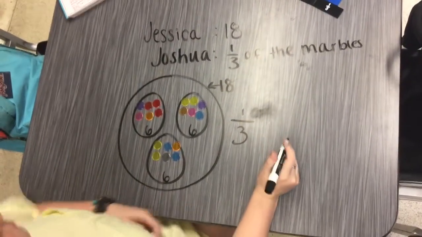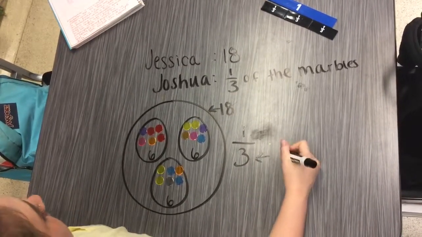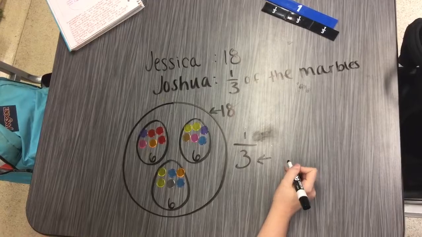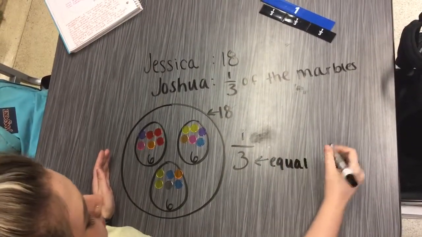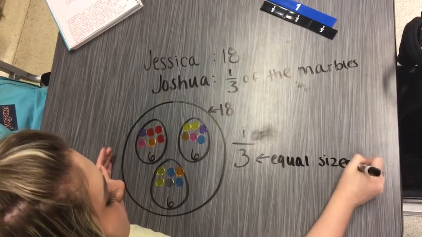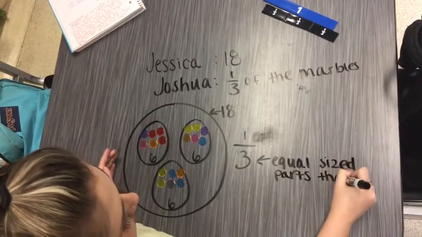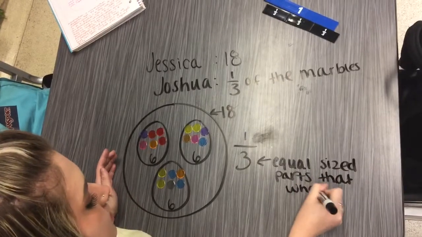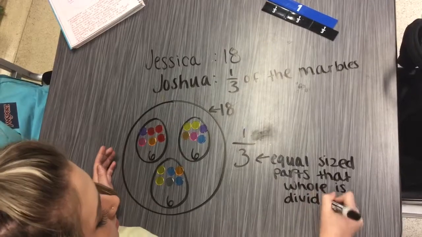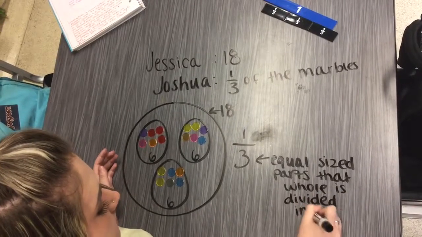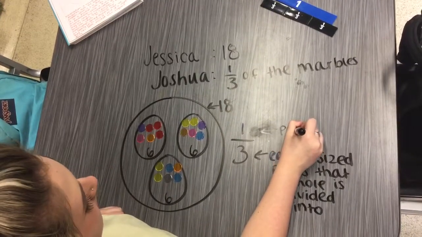When you're looking at a fraction, your bottom number is how many equal-sized parts you're dividing your whole into. And this is how many parts we are interested in.